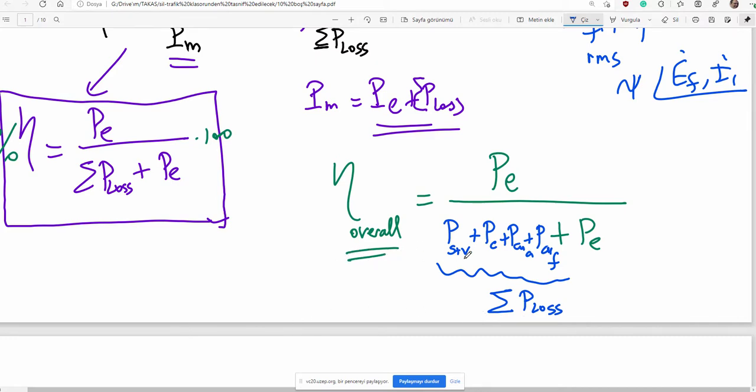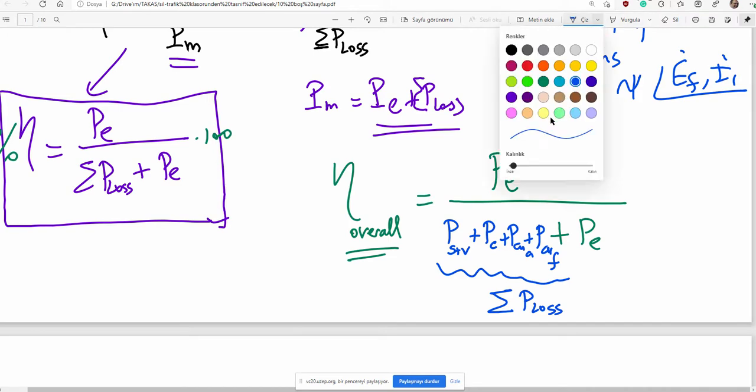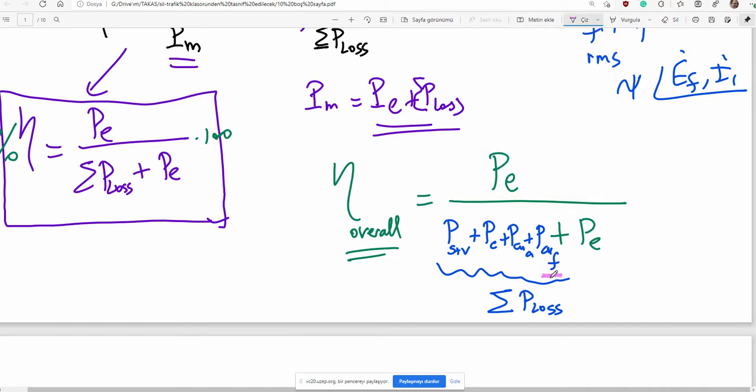Sometimes we say if we add this, we call it overall efficiency, including stator and rotor losses.